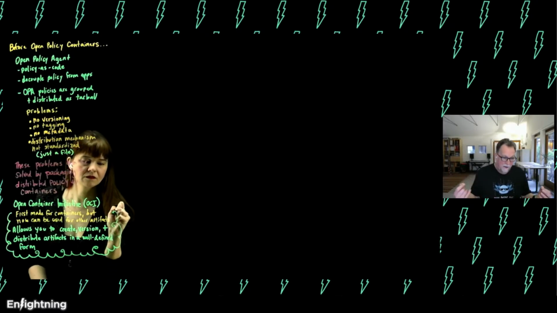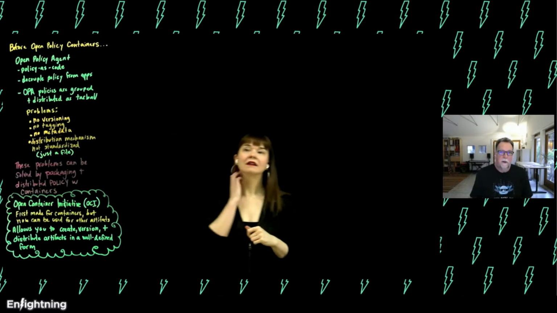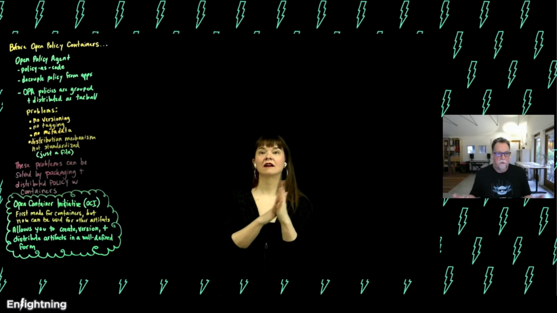So what we're trying to do here is leverage the great work that the OCI initiative has started and combine that with the other projects. I see this project as sort of a glue project.